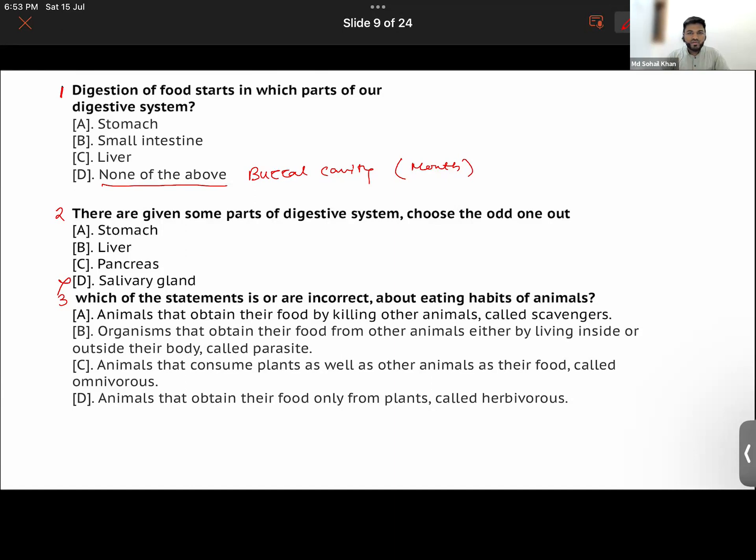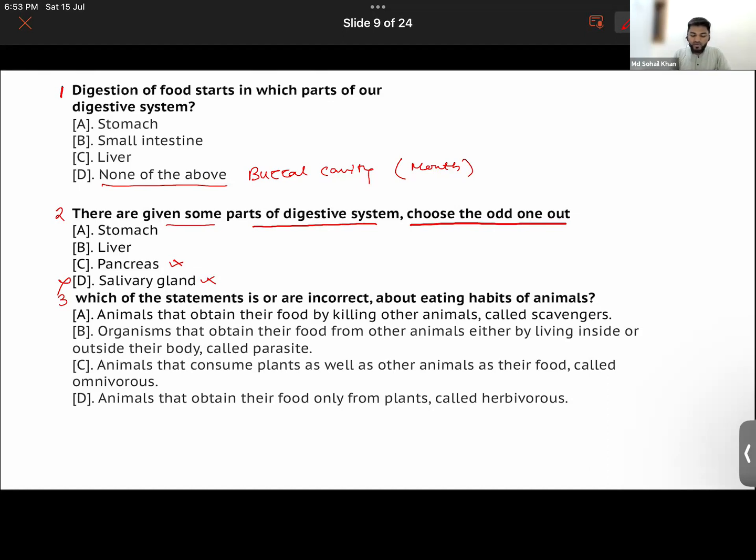Sundus, your answer of the third question is wrong. Please read the options once again. Look, Vaiga, you answered option C, and Sundus, you answered option D for question number 2. Both are wrong, because if you read the question, it says there are given some pairs of digestive system, choose the odd one out.